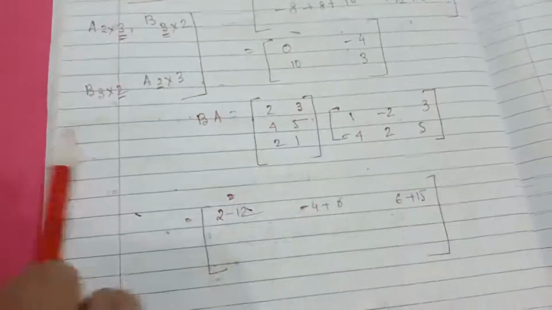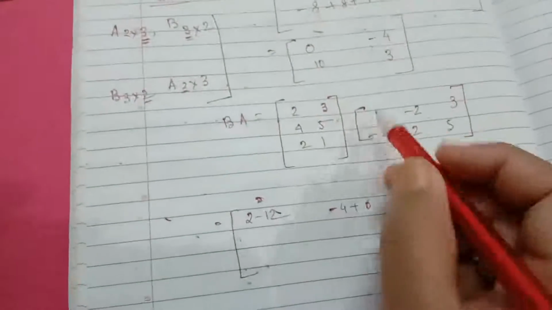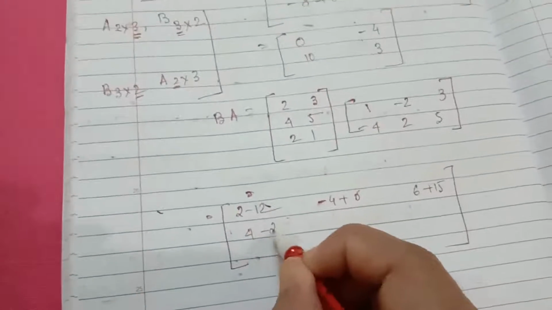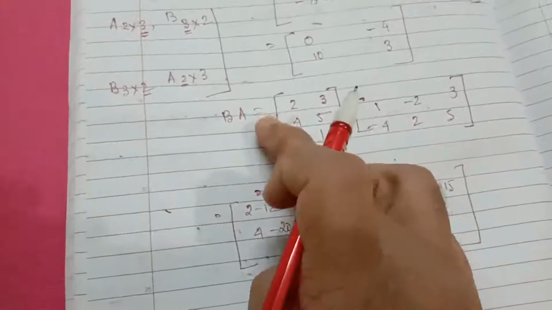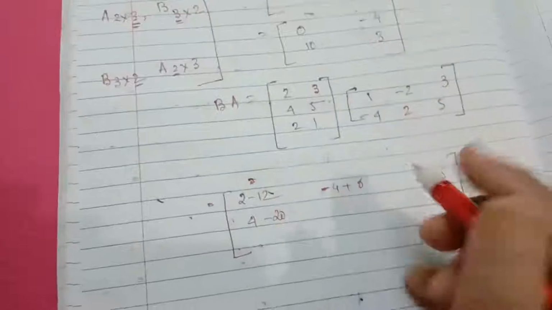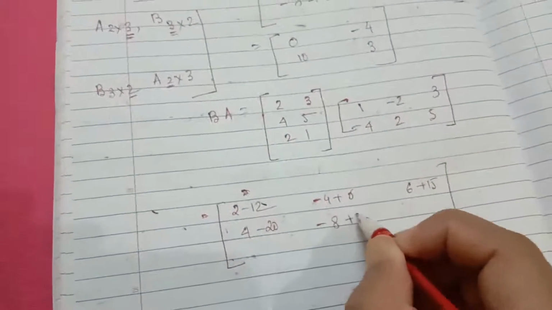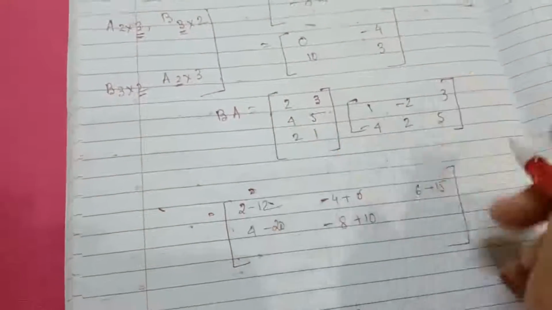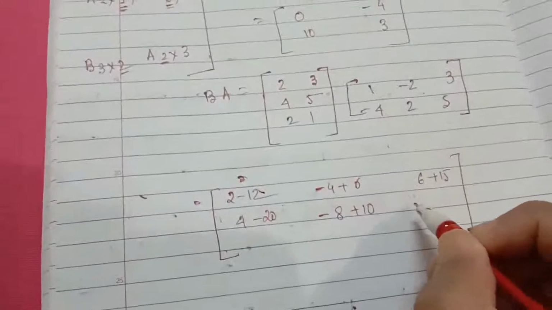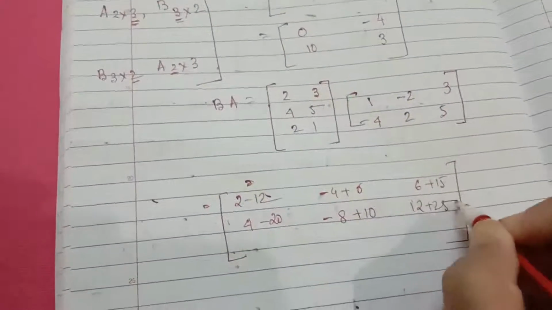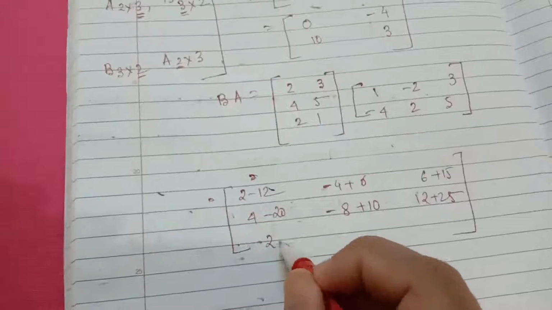4, 5 into 1 minus 4. It will be 4 minus 20. Next, it will be second row, first column. Second row, second column. It will be -8 plus 10. Next, it will be 12 plus 25. Next, 2 minus 4.